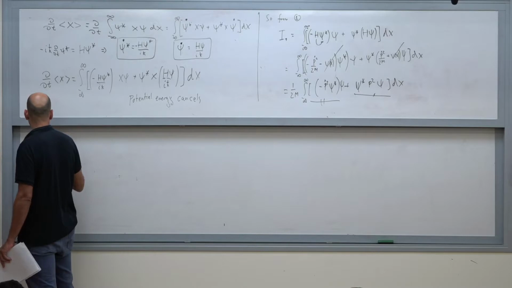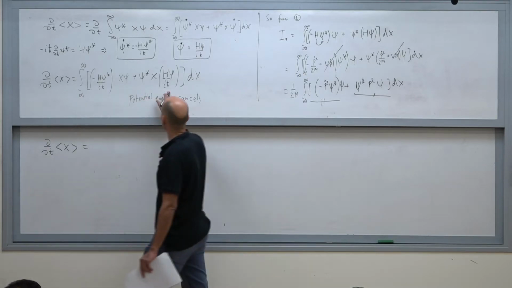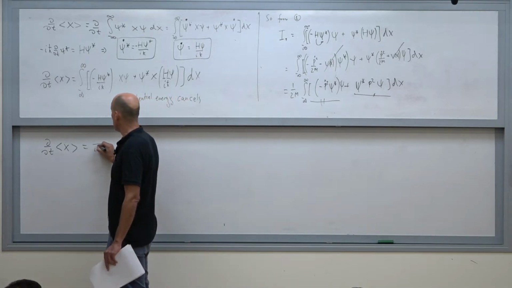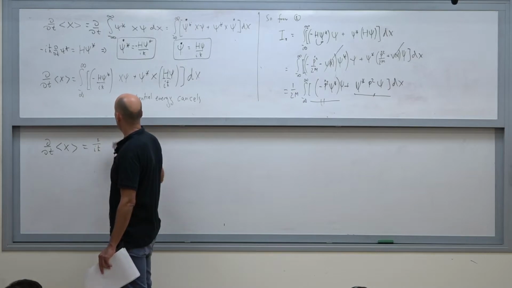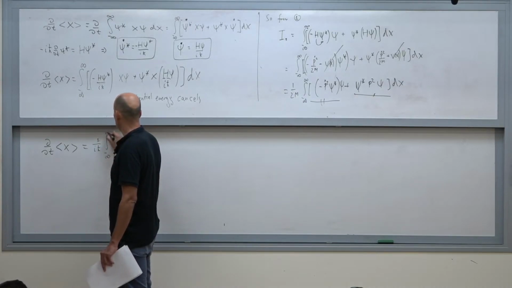So now, after I realize this, I can write it like that. Here I have iħ and iħ, so let us take this outside, iħ. And then here I have the integral from minus infinity to infinity.